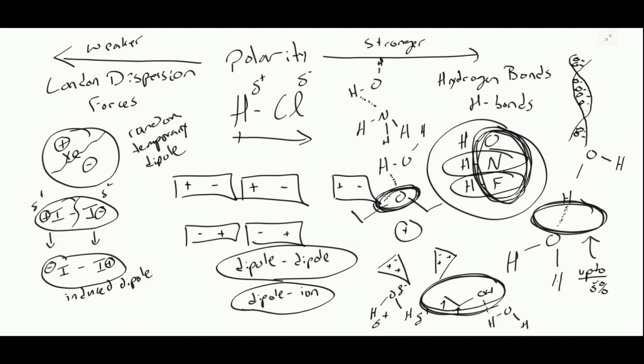And the more electrons a molecule or atom has, the more significant these London dispersion forces become. London dispersion force, or LDF. Okay? More electrons, more significant force. And of course, more electrons means bigger, heavier molecules.